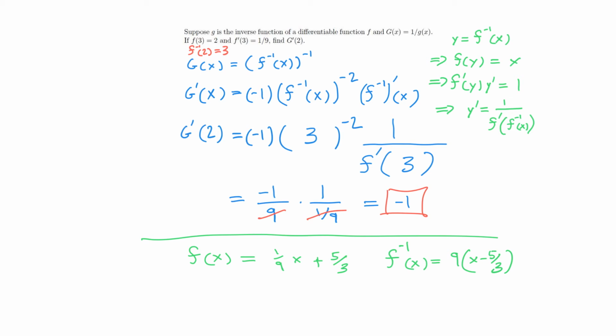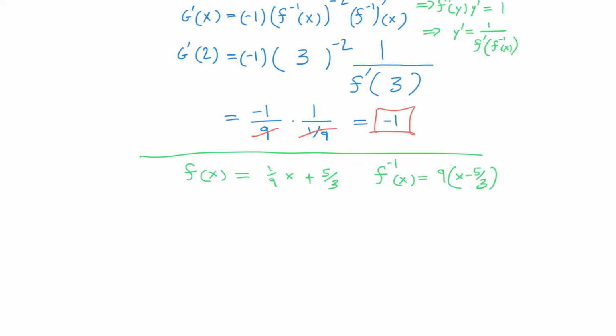Now we can write down what g is equal to. So g of x is equal to the reciprocal of what we just had, so 1/9 multiplied by all of x minus 5/3 to the power minus 1.